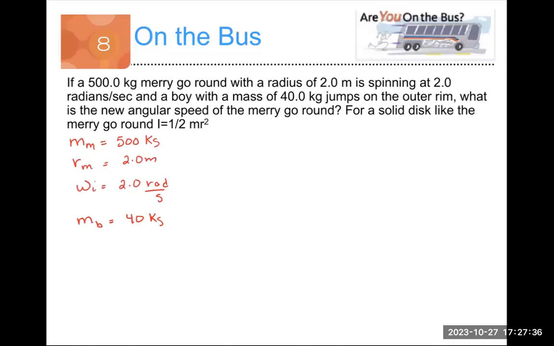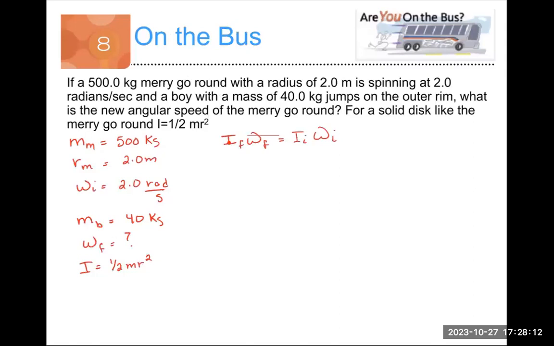So this 2 is our initial. We don't know what our final speed is. And we're told that I is going to be 1/2 mr squared. So we're going to have our final equal our initial. So I final omega final is going to equal I initial omega initial.